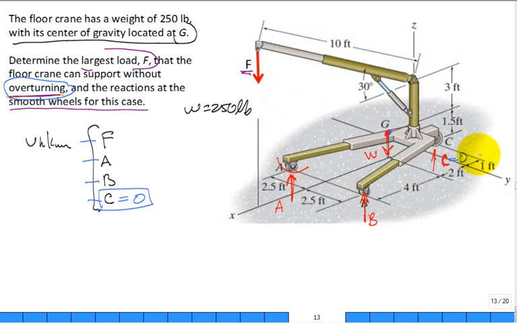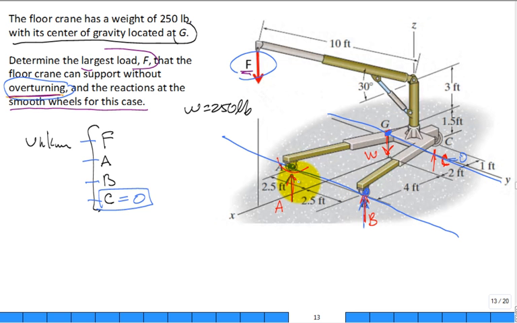All right, so let me jump in here again. Sorry, I wish we had more time, but if you wanted to solve for F directly, do the sum of the moments around the line that's parallel to the y-axis, but it doesn't go through the origin. It goes underneath the points A and B. Why? Because if you go right underneath the wheels at A and B, what is the reaction force A and B?